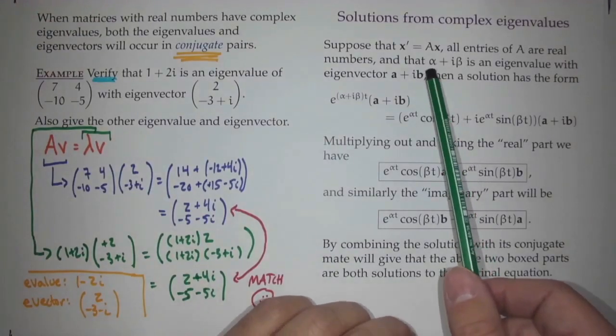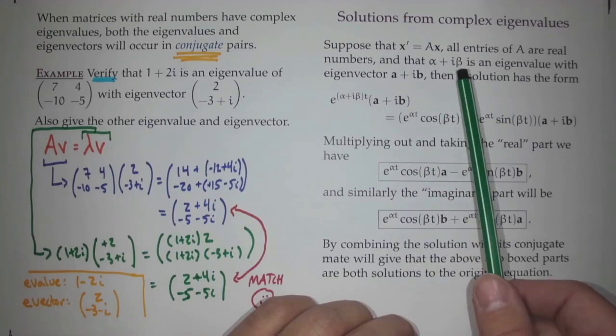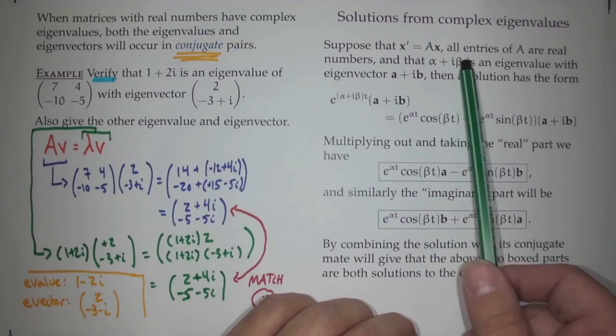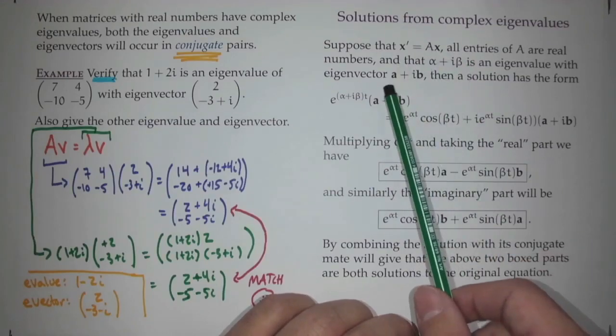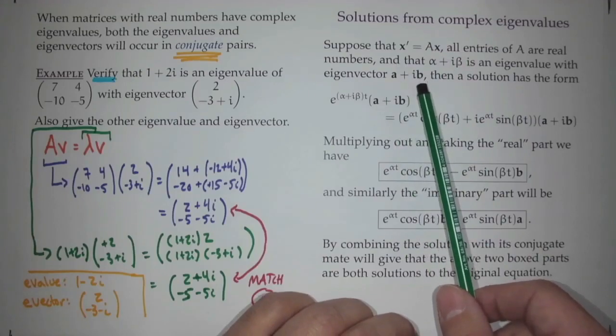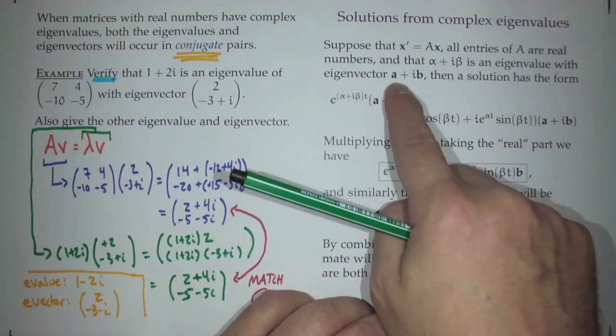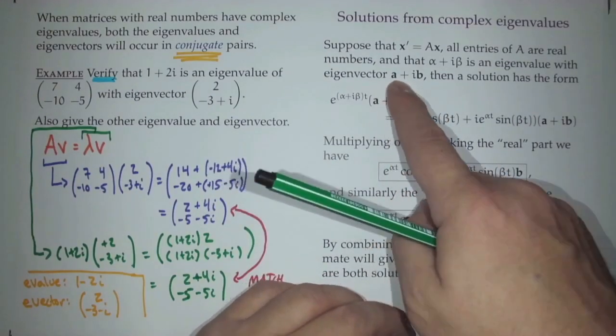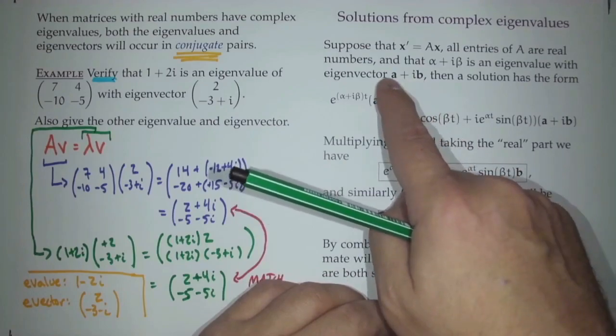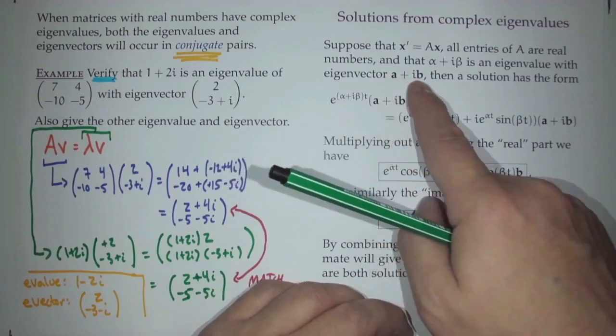Alpha plus i beta is an eigenvalue. So we have a complex eigenvalue, and a plus ib, an eigenvector. You might notice here that the a and the b are bold. These are bold a and bold b, which means it's just the vector a and the vector b.